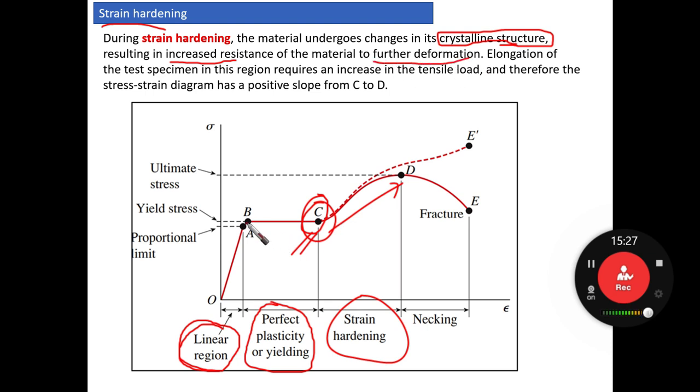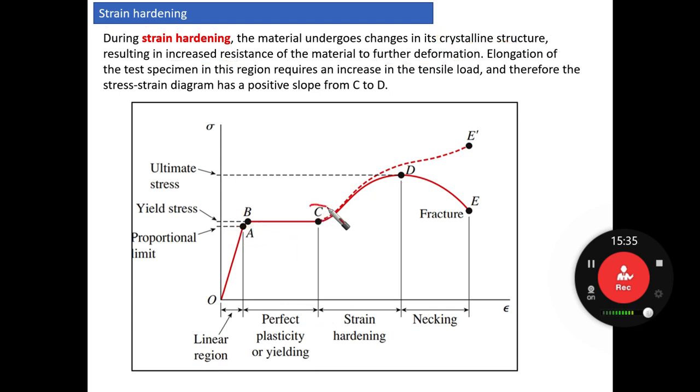So all of a sudden, after having the yielding as a flat line between B and C, starting from C something happened in the material. The crystals of the crystalline structure of the material are going to be changed, resulting in increased resistance of the material to further deformation.